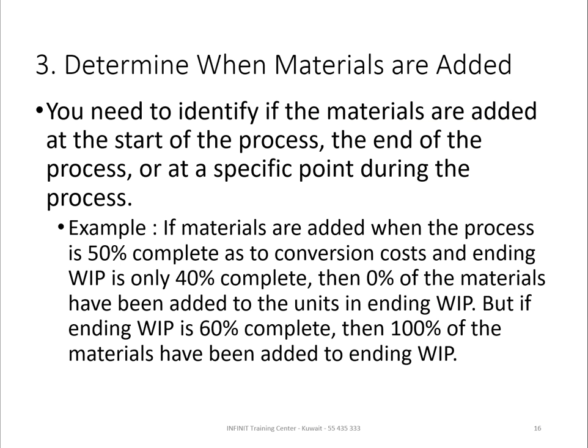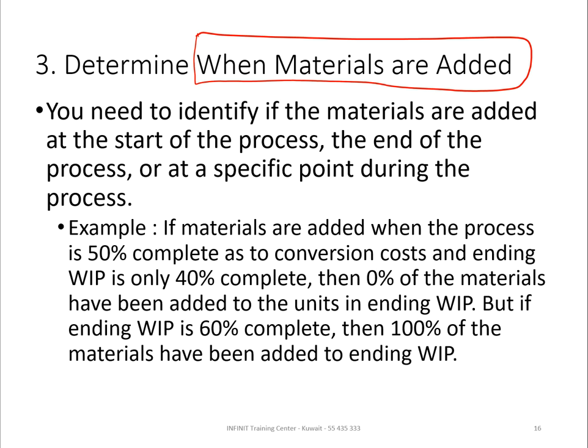The third step, we have to determine when materials are added. Why do we have to do this? We know that material can be added in the beginning for some products, or maybe material will be added by the end of the product, or maybe materials are added during the process.